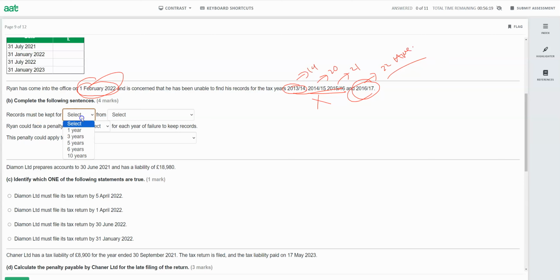The record must be kept for 5 years because he's a sole trader. Remember that it's not from the end of the tax year, but from the filing deadline for the tax year.